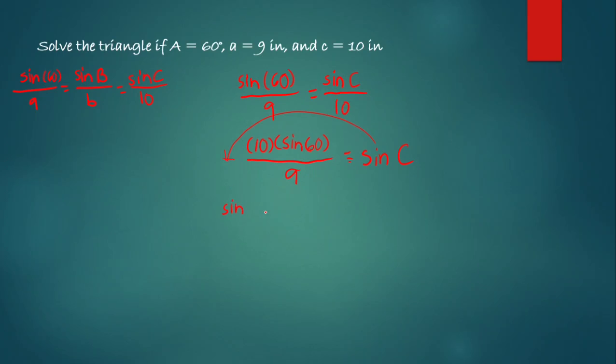So sine, it will be written like this. And if we calculate this using a calculator, C will result to 74.20683 and so on.